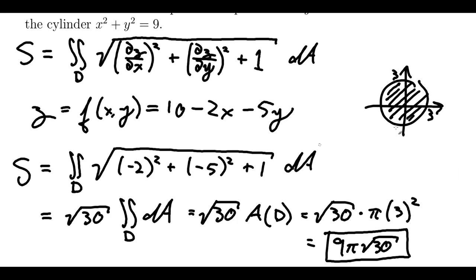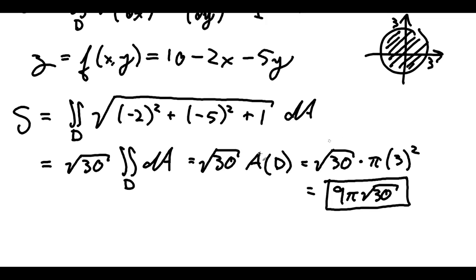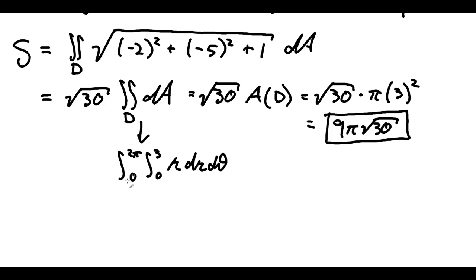You could do this in polar, right? We could instead have turned this into the integral from 0 to 2 pi of the integral from 0 to 3 of r dr d theta. And then as you work through that, you have the integral from 0 to 2 pi d theta times the integral from 0 to 3 of r dr. And you see what's going on here, right?